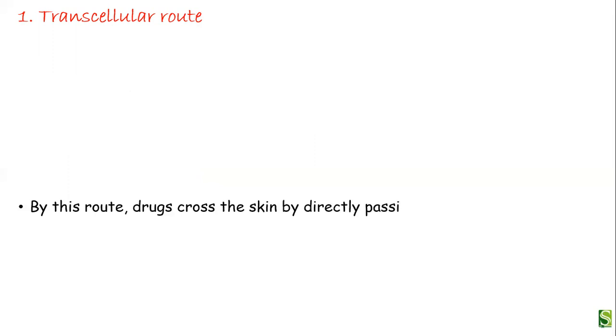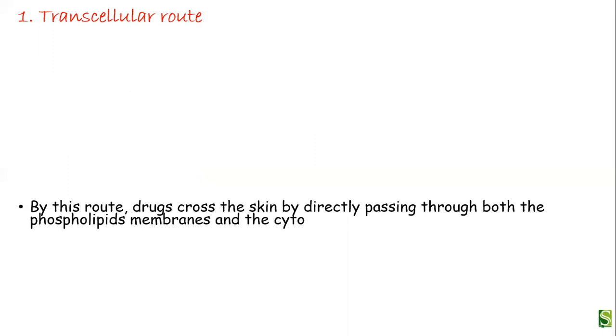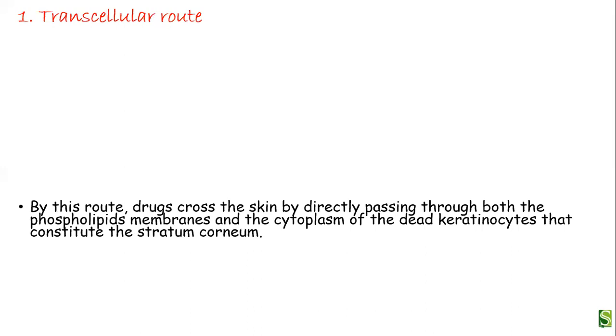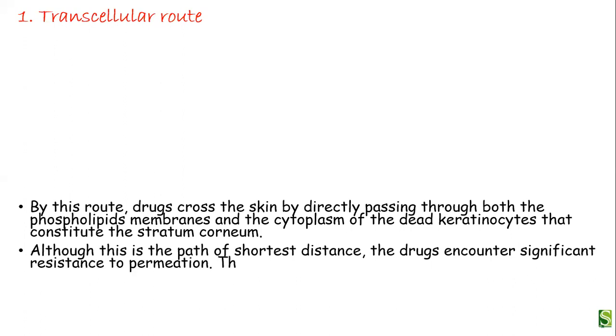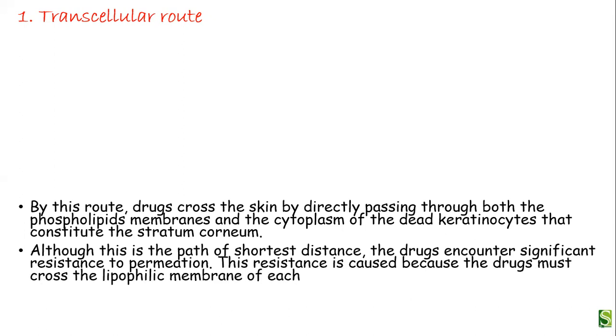Now first we will see the transcellular route. By this route, the drug crosses the skin directly by passing through both the phospholipid membranes and the cytoplasm of the dead keratinocytes that constitute the stratum corneum. Even though this path is of shortest distance, the drug will encounter significant resistance, because it has to overcome the phospholipid bilayer and then move further.